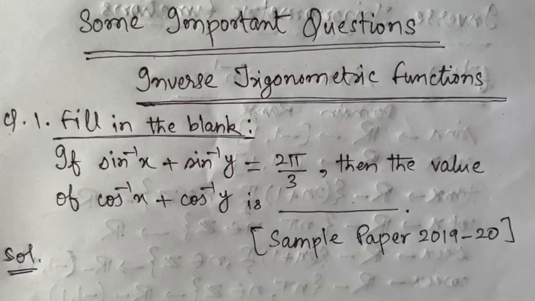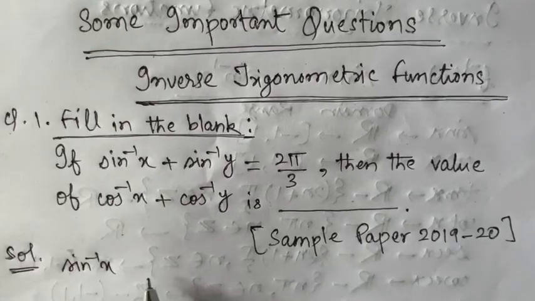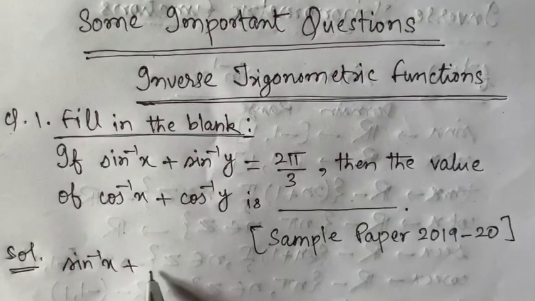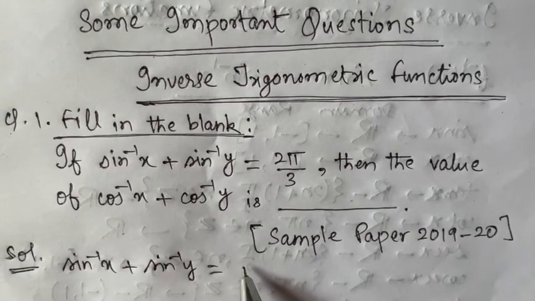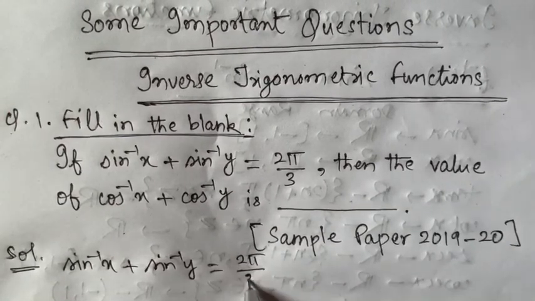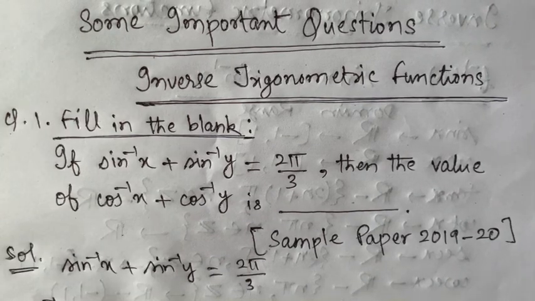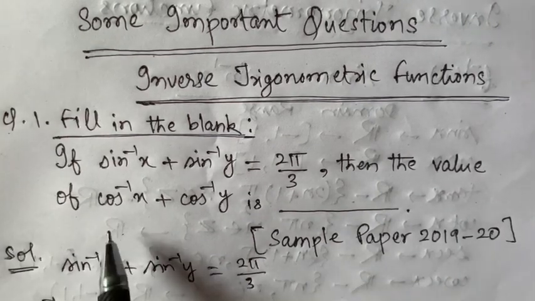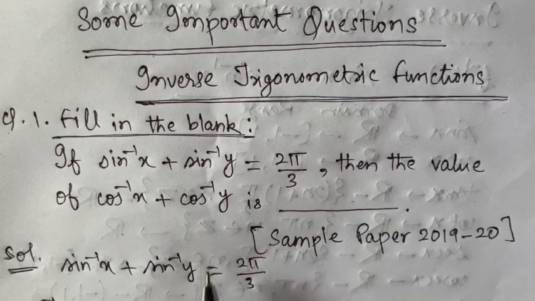Now how will we proceed into this problem? It is given that sine inverse of x plus sine inverse of y is equal to 2 pi by 3. We need to get the value of cos inverse of x plus cos inverse of y.